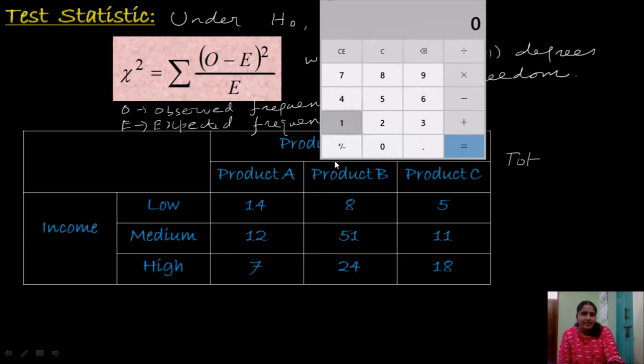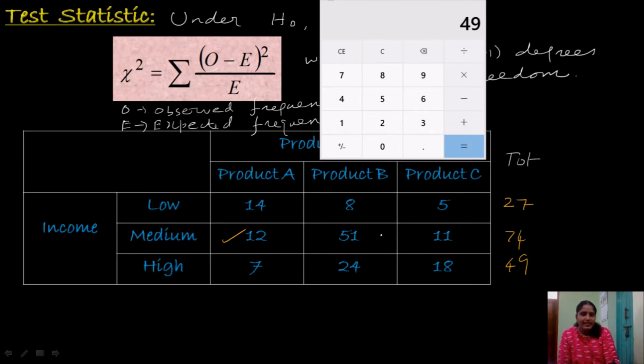By adding 14 plus 8 plus 5, we get the total as 27. Then for the second row, adding 12 plus 51 plus 11, we get the total as 74. And for the third row, 7 plus 24 plus 18, we get the row total as 49.